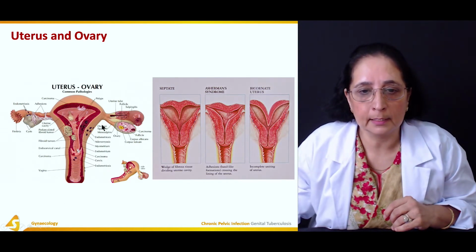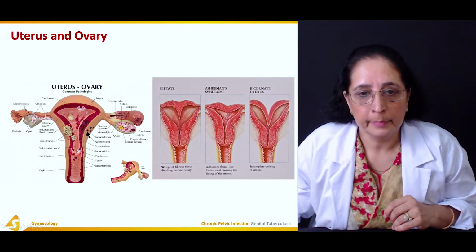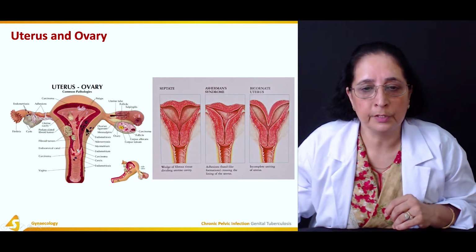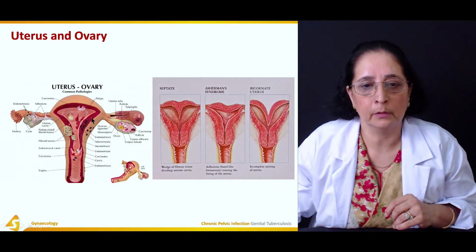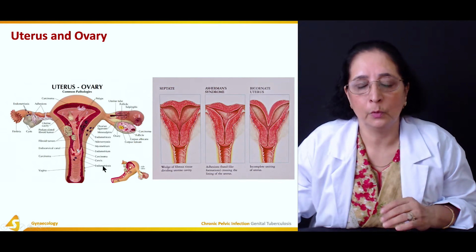Then there is, besides endometriosis, if you see here, adenomyosis. These are also adenomyosis. Polyps, fibroids, carcinoma, endometriosis.